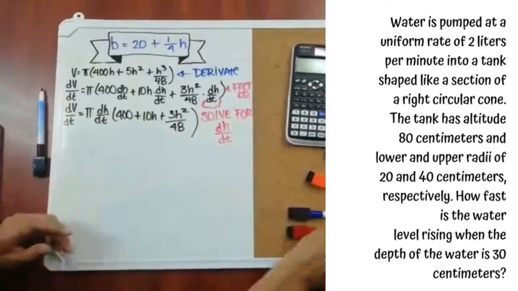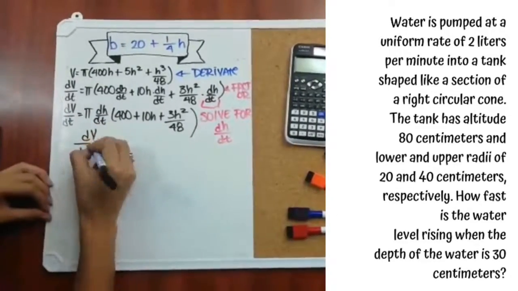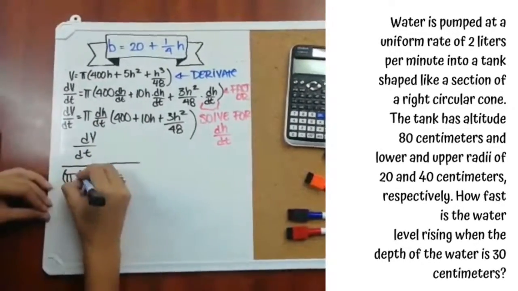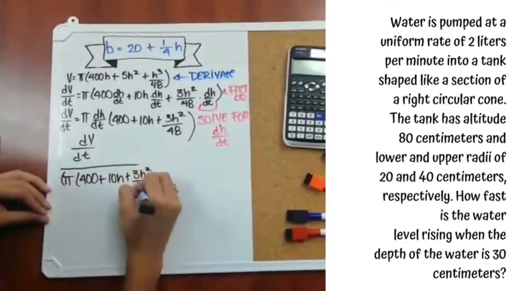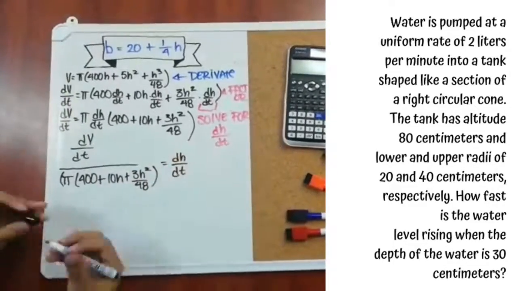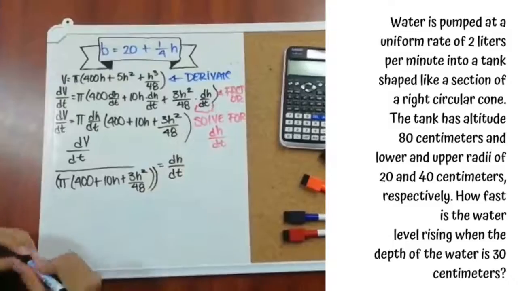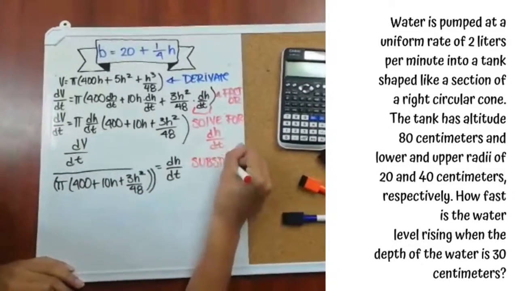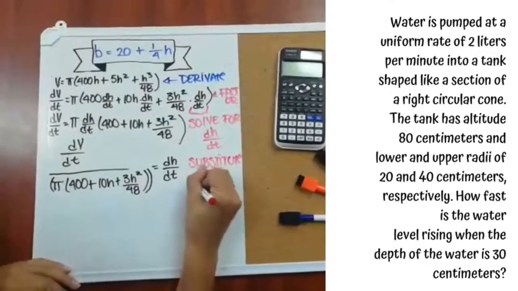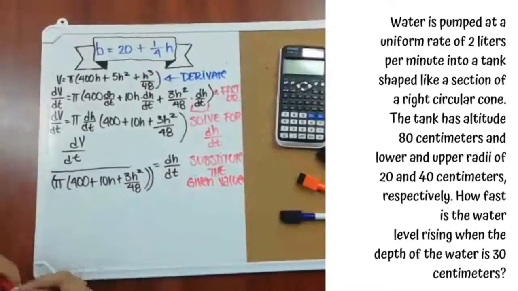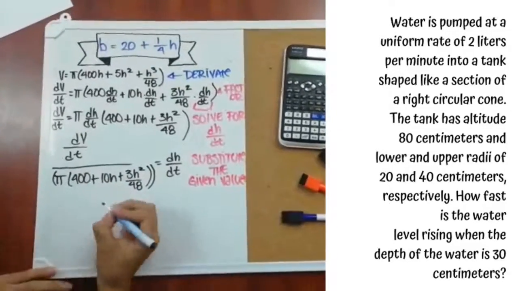We factor that out so we can solve for dh dt. Then we pass all the parentheses dividing dV dt, and we just substitute the given variables in the calculator, and voila, magic.